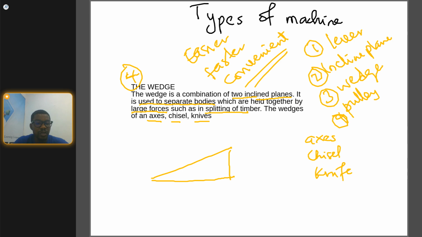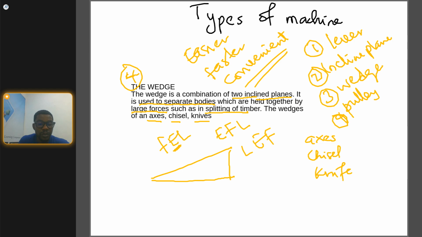Then we went ahead to discuss the types of machine, under which we discussed the classes of lever. We said we have 3 classes of lever: the first class, the second class, and what? The third class. And we gave acronyms to all of them. We have FAIL, we have this also, and we have the next one, which is this. And we said here that the effort is in between the load and the fulcrum.